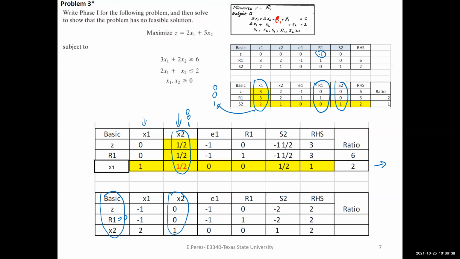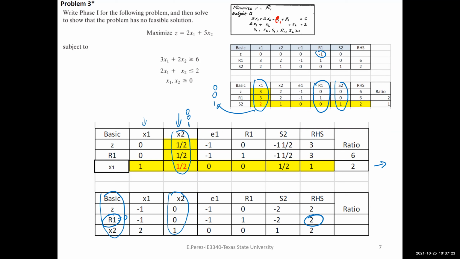If that's not the case, then the problem has no solution. That's what we observe in this problem. We have an artificial variable that's still basic and has a value of 2, not 0. We want the artificial variables to not be part of the basic, but if they are, they have to be equal to 0 for the problem to be feasible. That's not met here, so we conclude that this problem has no solution, because an artificial variable is basic and doesn't have a value equal to 0.